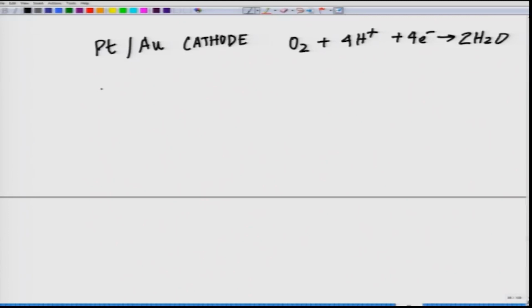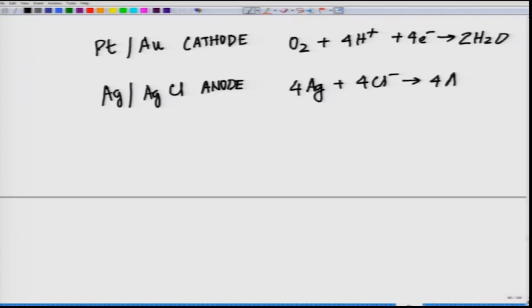Okay. Similarly, at the AgCl anode, we have 4 Ag plus 4 Cl minus giving 4 AgCl plus 4 electrons. Okay.